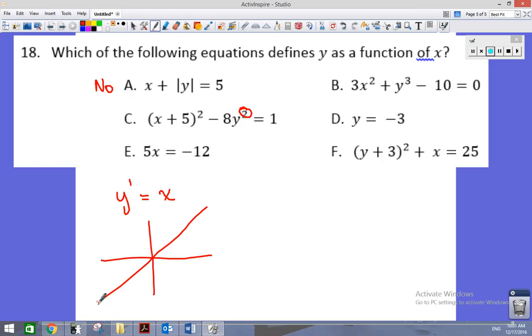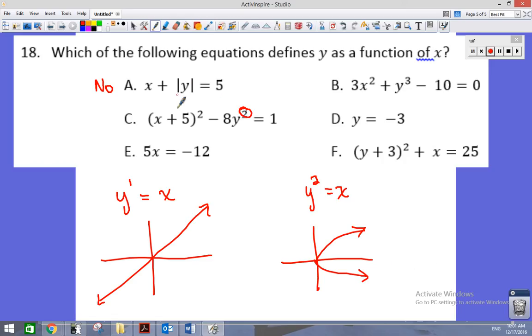It's a line going through the origin with a slope of 1, a 45-degree angle line. If I have y squared equal to x, then y equals x squared is a parabola that opens upward, but x equals y squared, or y squared equals x, is a parabola that opens on its side, just like the absolute value.